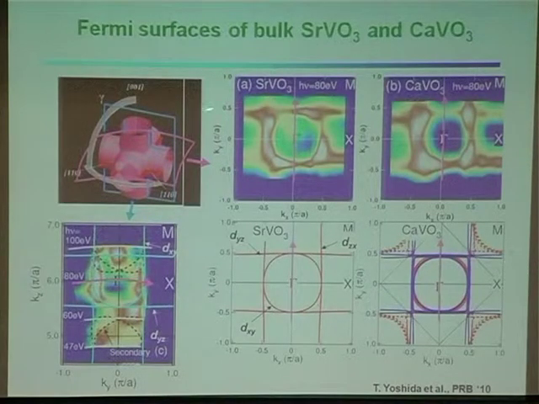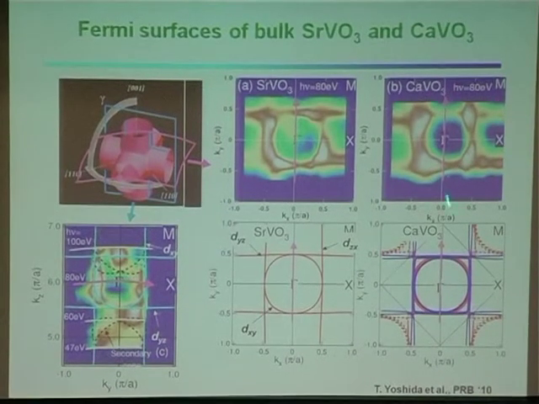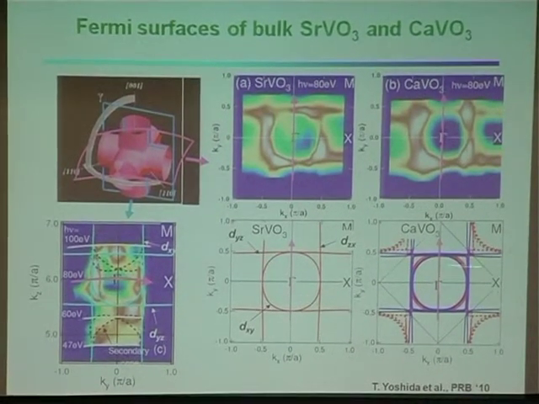By growing single crystals, we could observe such penetrating cylinders. This is a Fermi surface, a cut on this pink plane gives you this, and the perpendicular cut gives you this intensity distribution. Calcium vanadate is a little bit broader, probably because of the distortion.